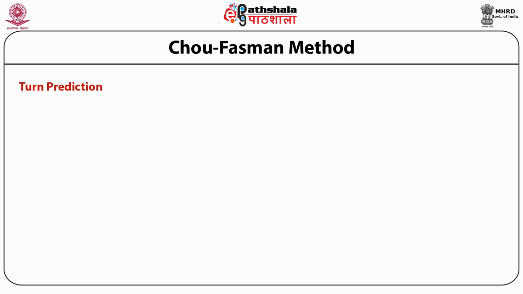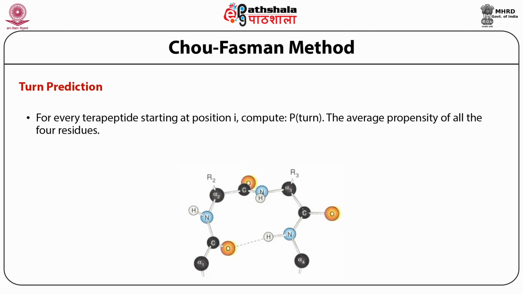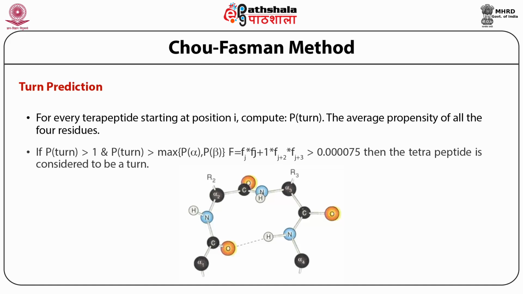For a turn, for every tetrapeptide starting at position i, we compute the propensity of all 4 residues coming into a turn. The average propensity for turn must be greater than 1 and must be greater than the propensity of the same region becoming a helix or a strand.